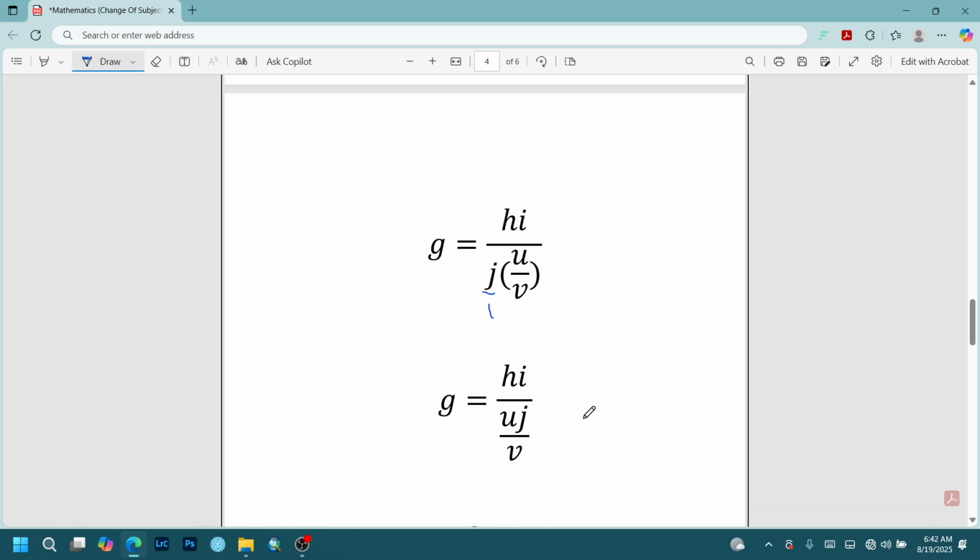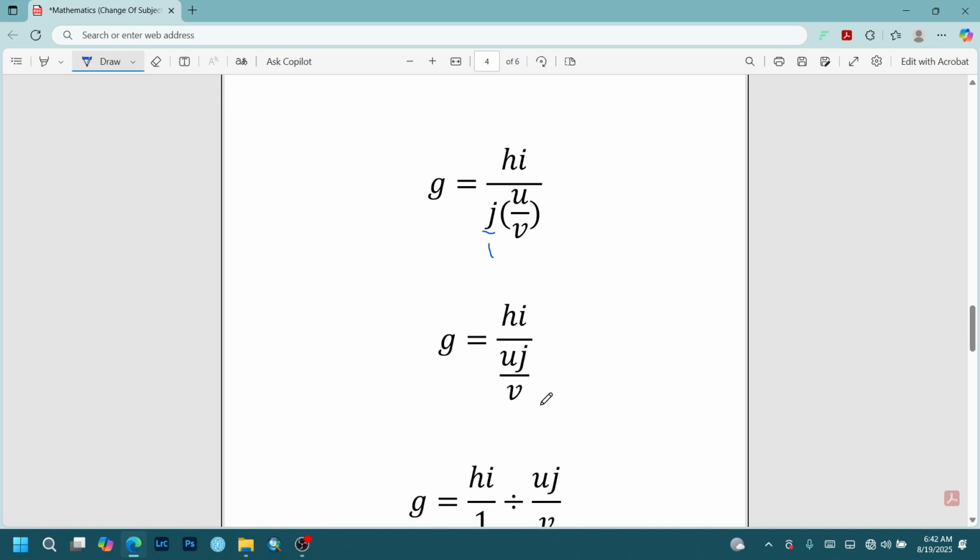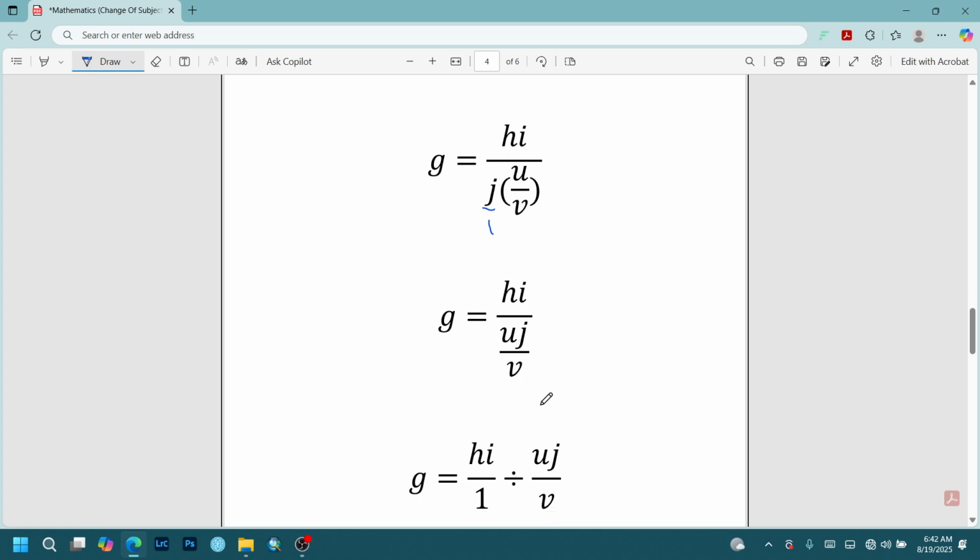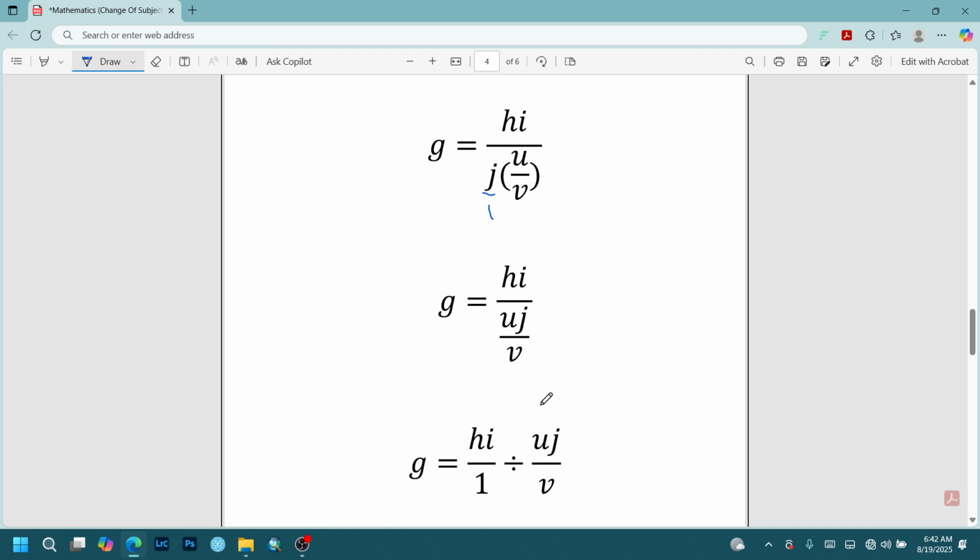So this means that J equals HI divided by the fraction UJ over V, right? So this HI here has an invisible one, as explained earlier on, like every other number, right?